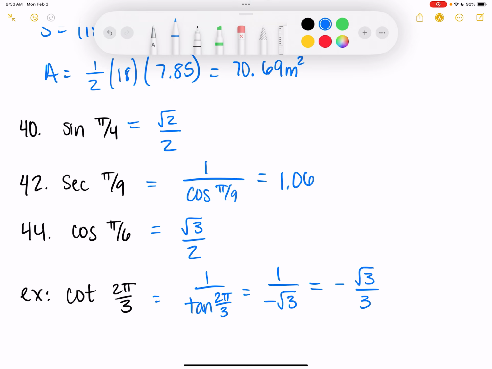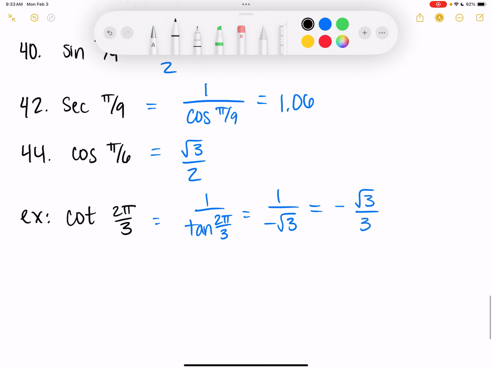Now, if we had the sine of 5 pi over 6. And obviously, we're working in radians right now, but the same would work if they gave us degrees. I think all these problems give us radians, though. The sine of 5 pi over 6 is 1/2, yes.